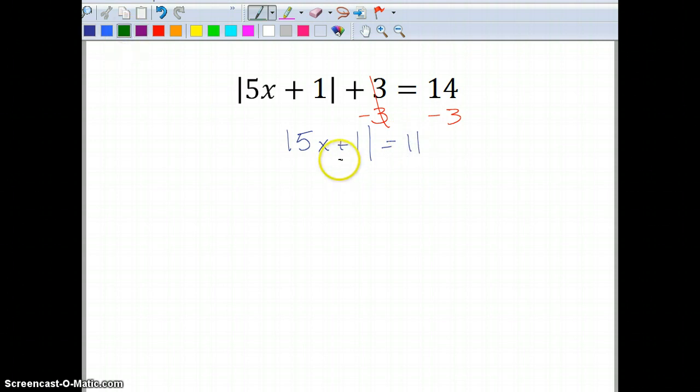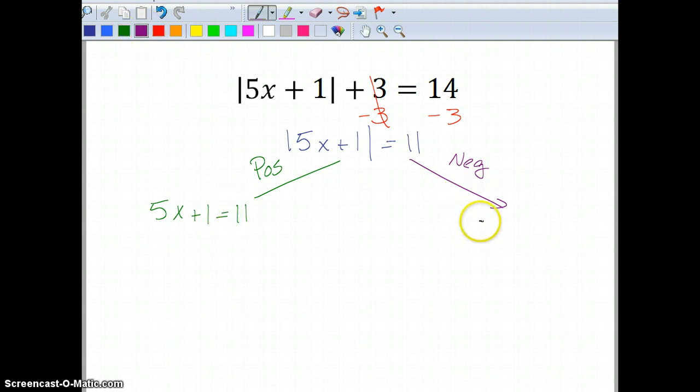Now I can rewrite it where I have my positive possibility and my negative possibility. So for my positive possibility, I have 5x plus 1 is equal to 11. For my negative possibility, I have 5x plus 1 is equal to negative 11.